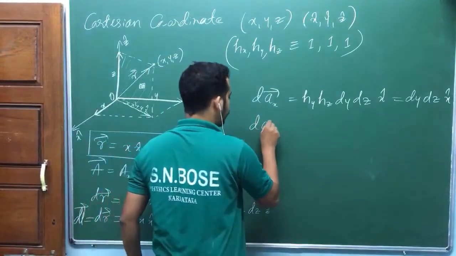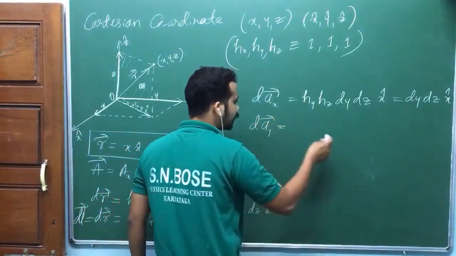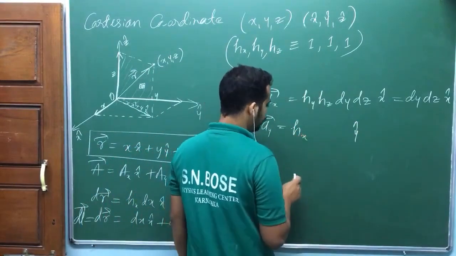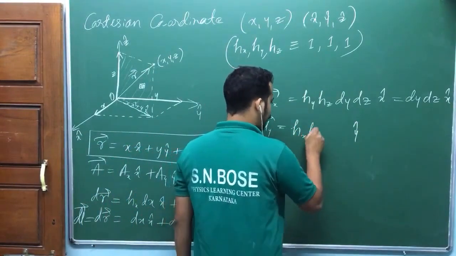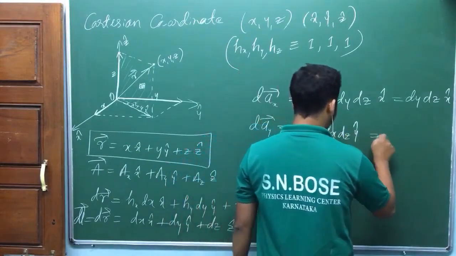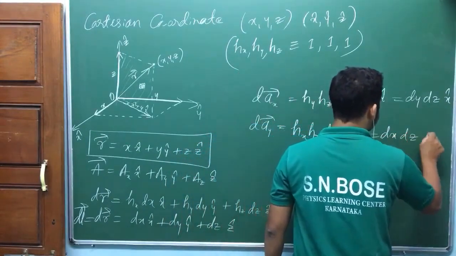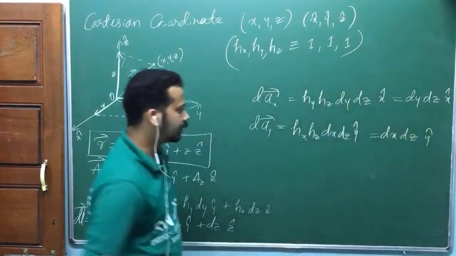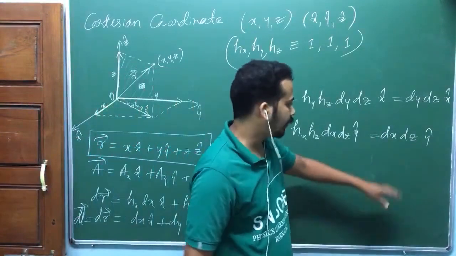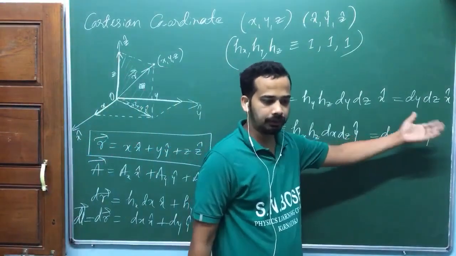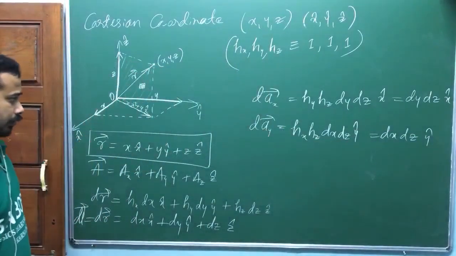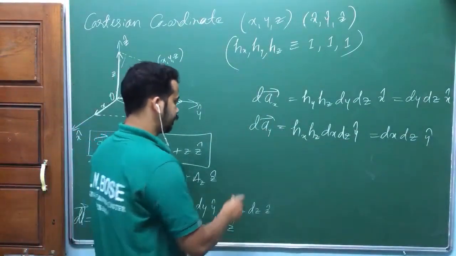Similarly, dAy, that means the area vector along the y cap direction, is equal to hx, hz, dx, dz. So that's equal to dx dz along y cap. Sometimes we take a negative sign, isn't it? It all depends on the situation, am I right? Sometimes we take it along plus y cap, otherwise along minus y cap, depending on the situation.